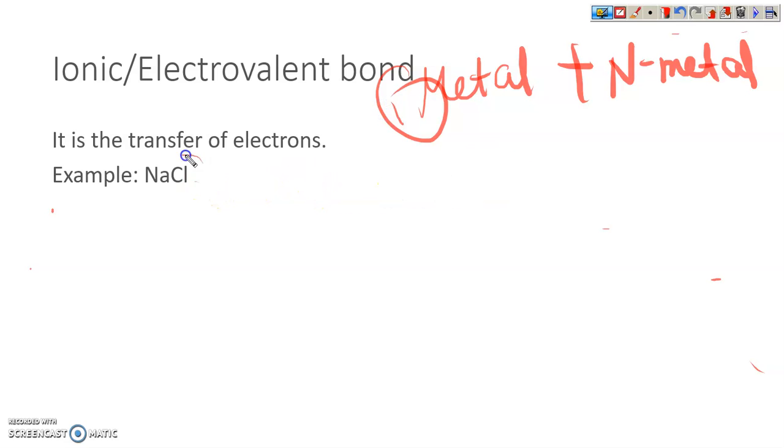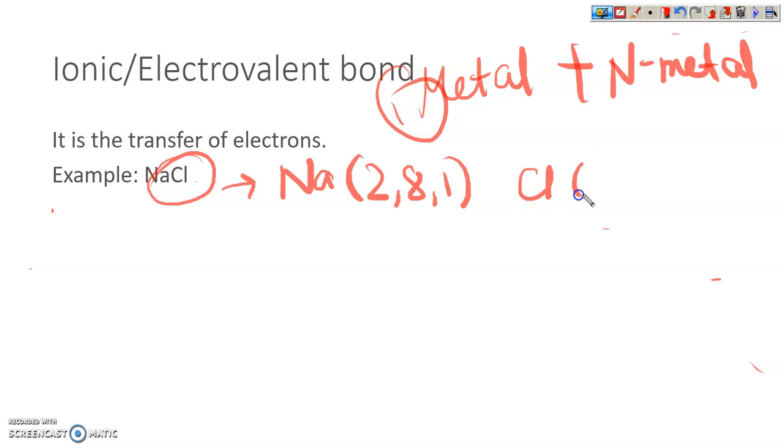Now, to make this compound, first we will take sodium, which is 2, 8, 1. And then we will take chlorine, which is 2, 8, 7. You all know that the number of electrons is equal to the number of protons.